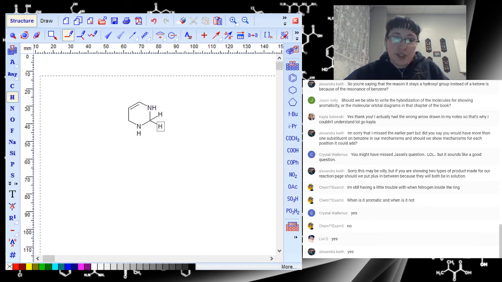There's no way that those electrons on the nitrogen can come in, and there's 2 hydrogens here also. There's no way that these bonds can come in and form a double bond to have resonance in the ring because there's already a tetrahedral sp3 hybridized carbon there, okay? So not everything with a heteroatom and 6 electrons is going to be aromatic, okay? So it has to fit all those criteria.